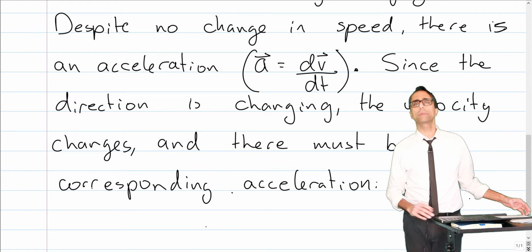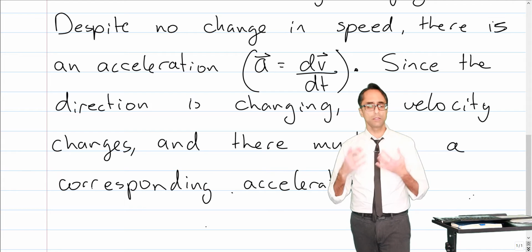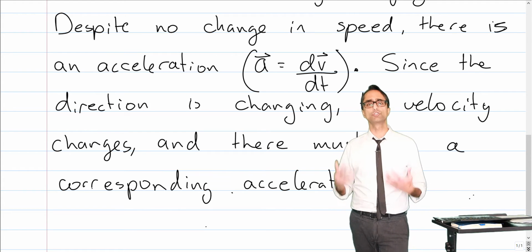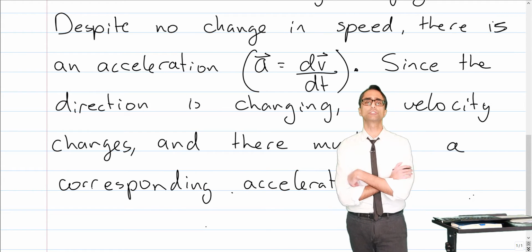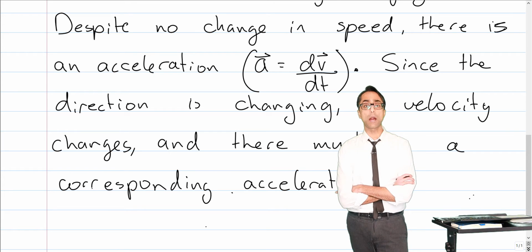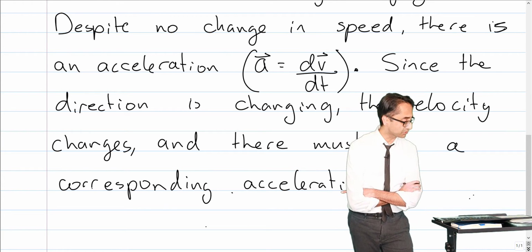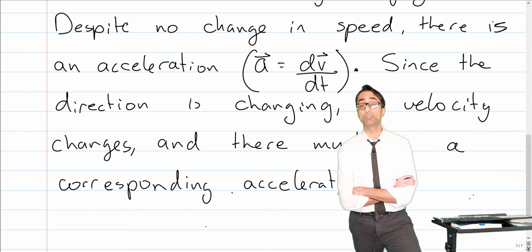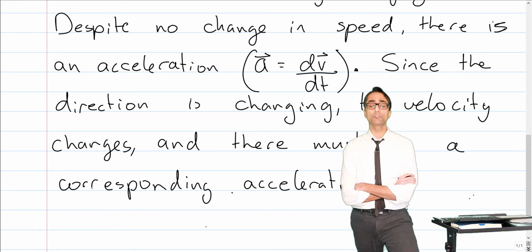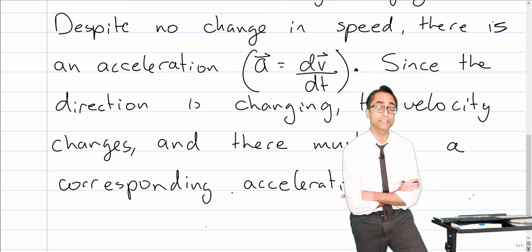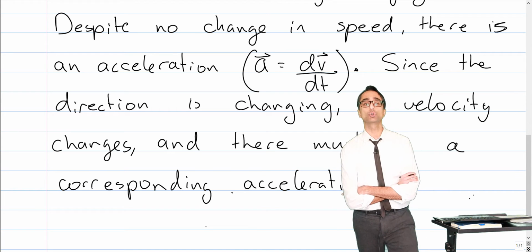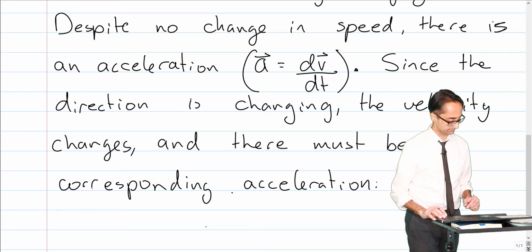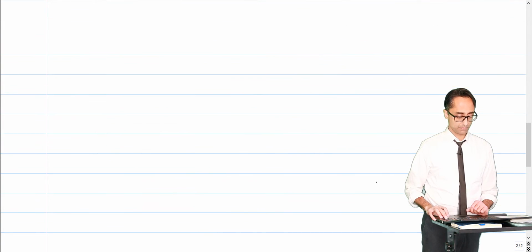All right, so what do we call this acceleration? Well, it's a special kind of acceleration. It's not our usual type of acceleration that we have done up until this point. It gets its own name. It kind of has two names actually. It is often called the radial acceleration or the centripetal acceleration. And so let's write that down.